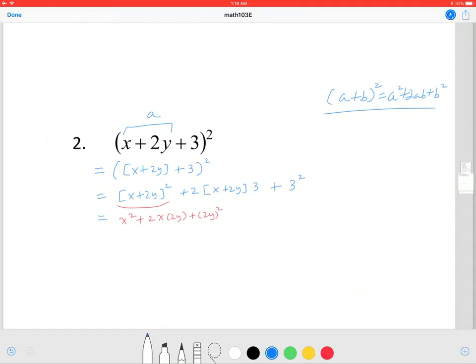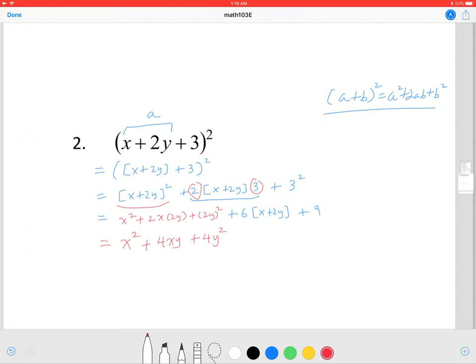Now I'm going to multiply 2 and the 3 and get 6. So plus 6 times the quantity x plus 2y, and the last one is just simply 9. So let's clean this up. x squared plus 4xy plus 4y squared.